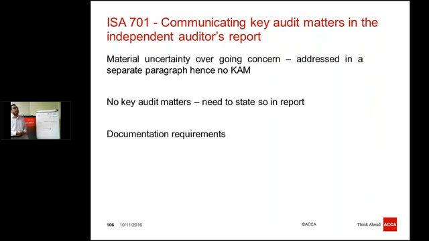So, for example, if there is a litigation that is going on in the court of law, and the outcome of that litigation is not certain, the auditor may want to highlight that the outcome is not certain, and that is why the auditor may want to give an emphasis of matter. But that would not necessarily mean that the auditor has to give a key audit matter in the audit report on that particular case.